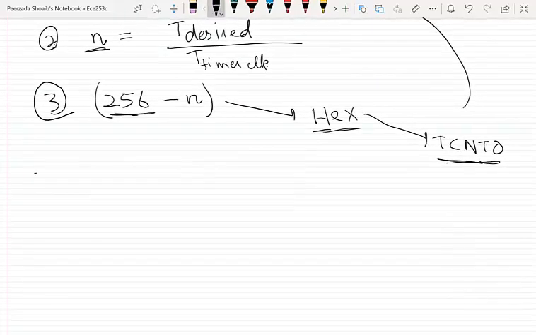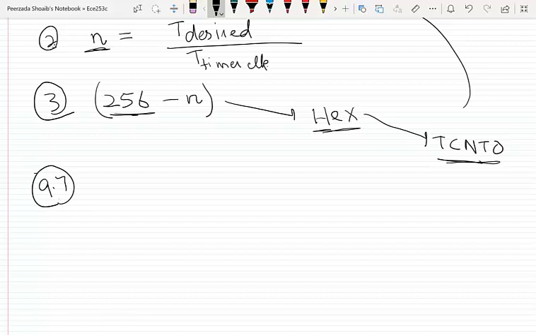It's example 9.7 in your book. We have been told that the crystal frequency we are using is 16 megahertz.